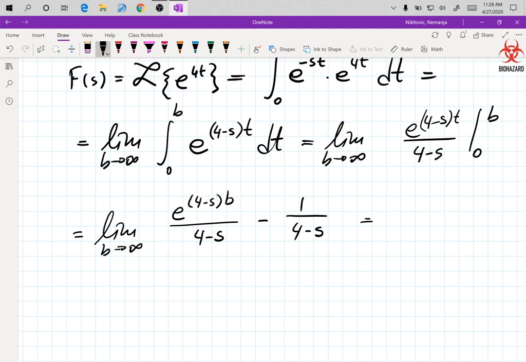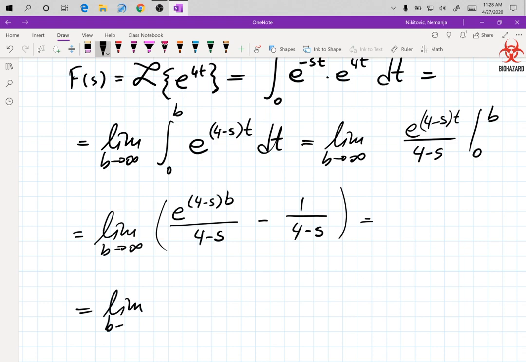Now, what happens here? Well, I'm supposed to plug in b goes to infinity, and I'm going to do this algebra.